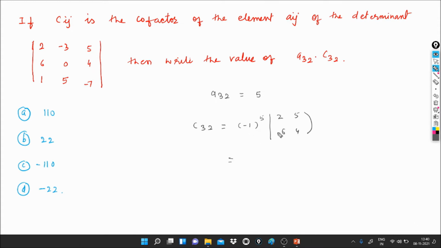That is minus 1 raised to 5, which is minus 1, into 8 minus 30. So minus 1 into minus 22, so it will be 22. B will be our answer.